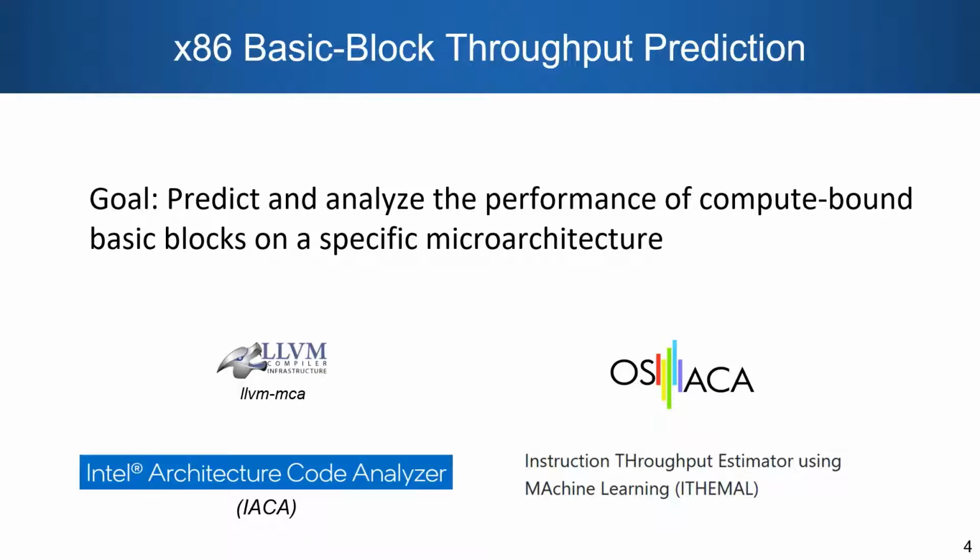So there are a number of existing tools for predicting the throughput of basic blocks on x86 systems, like, for example, LLVM MCA, uiCA, the Intel Architecture Code Analyzer, or Ithemal.